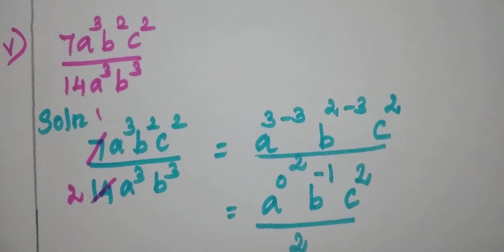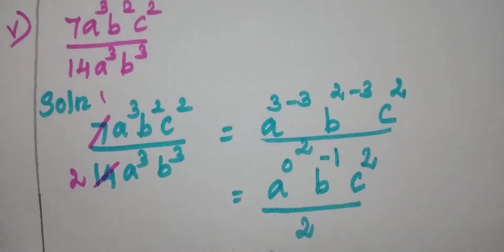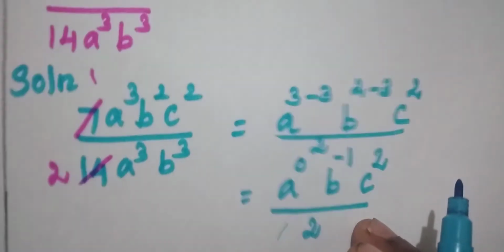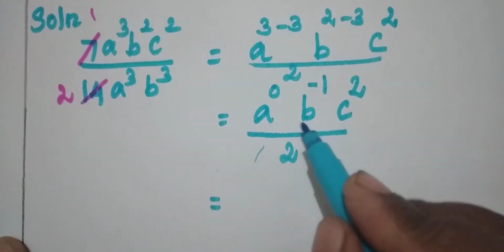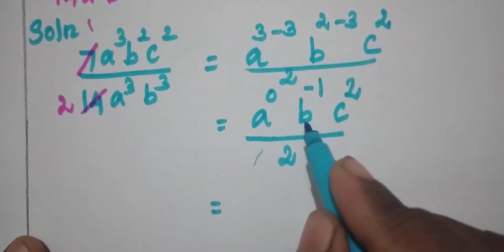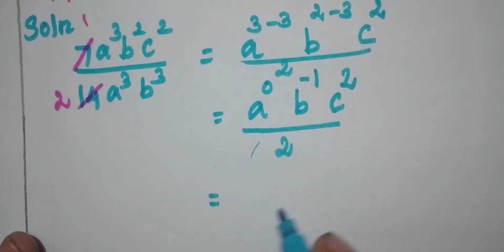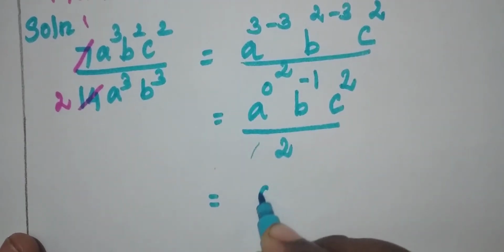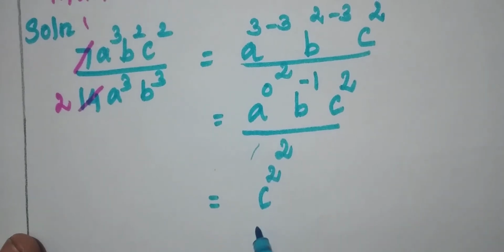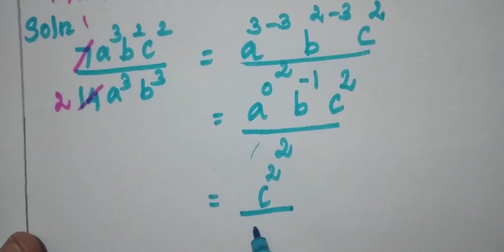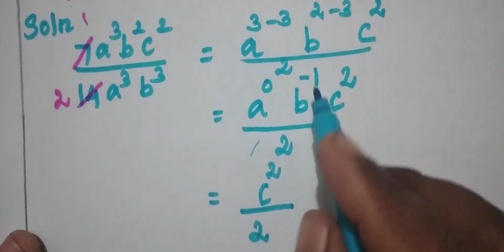So I can write the number as anything to the power 0 is 1. This is b power minus 1. When you bring this one to the denominator, this becomes b power plus 1. So in the numerator, there is only c square divided by 2.